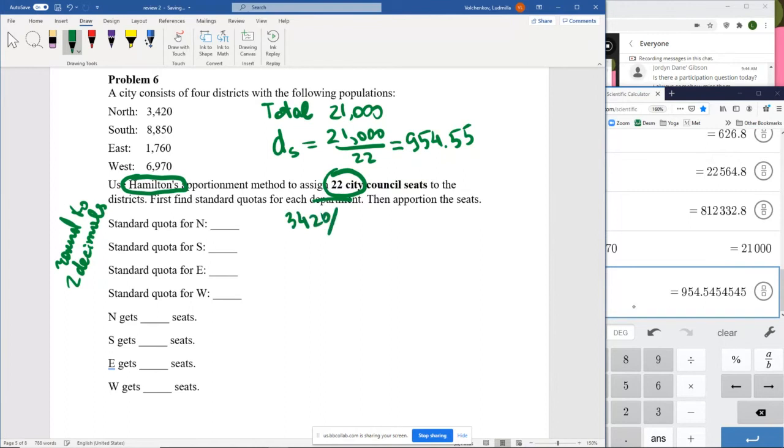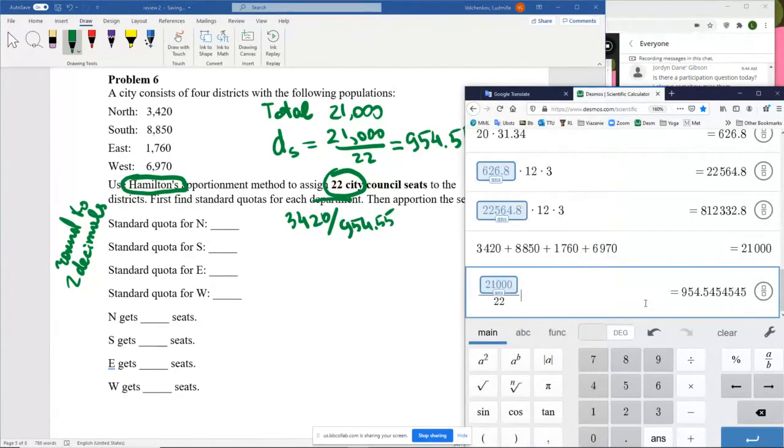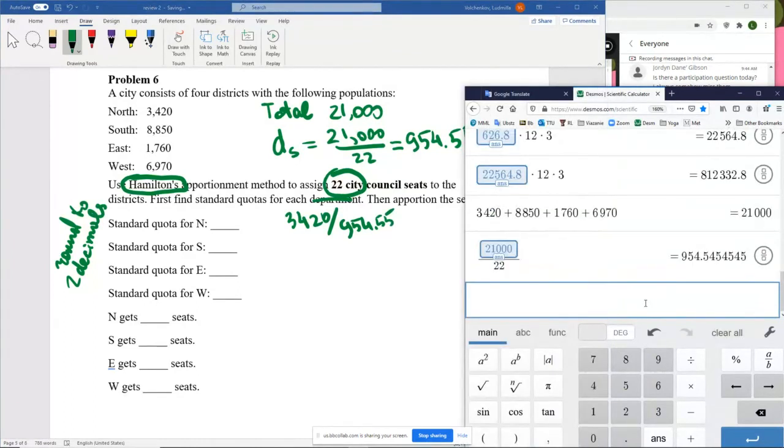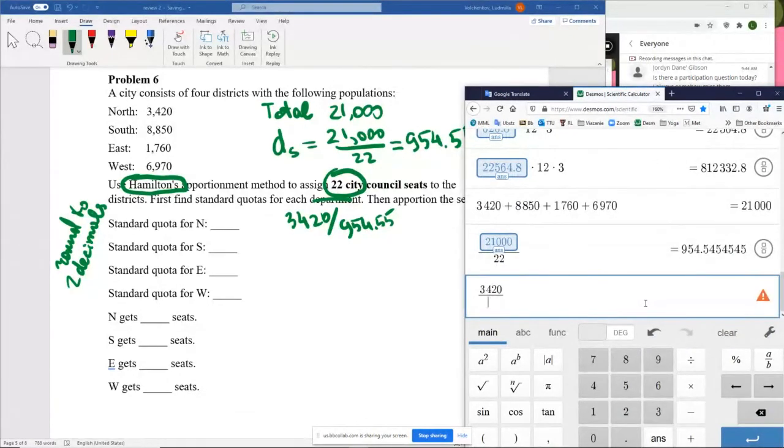To find the standard quota, we divide the population of each district, 3420, by the standard divisor, 954.55. Okay. So the first, 3420 divided by 954.55. Okay.